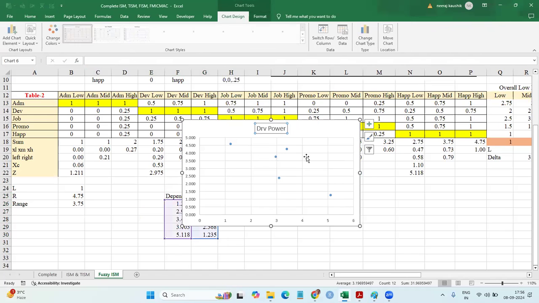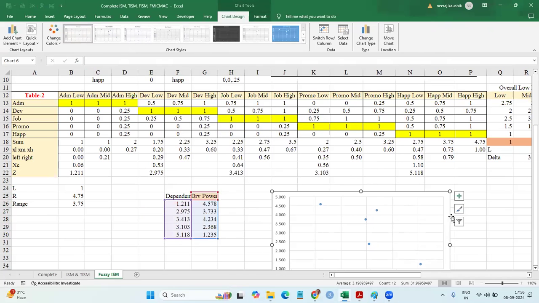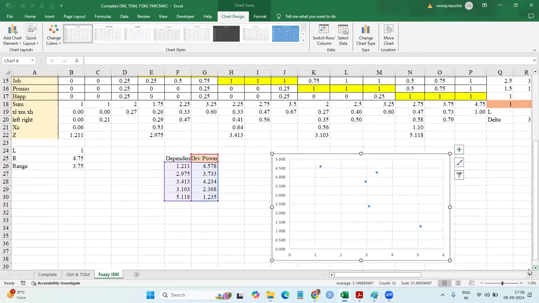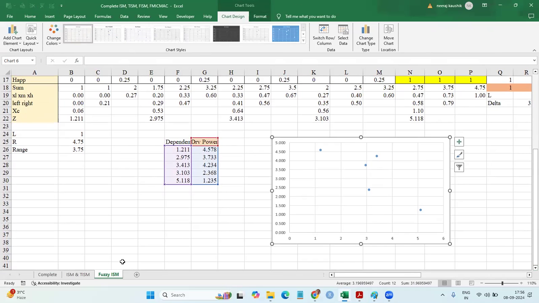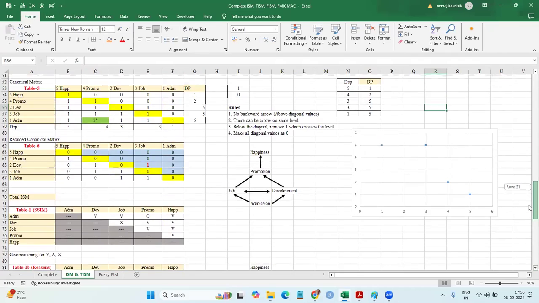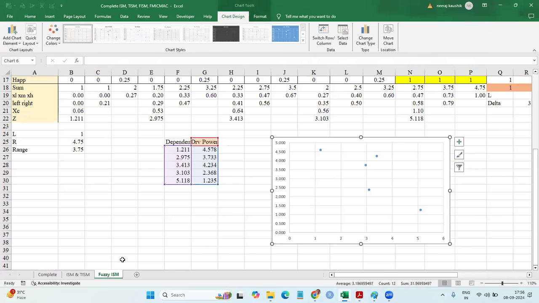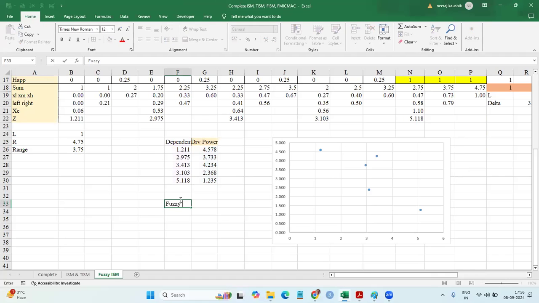This becomes our Fuzzy MICMAC. So its name is Fuzzy MICMAC. If you cross check, earlier our MICMAC values were like 5, 4, 3, 3, 1, and now the values are coming in decimals. That is what the Fuzzy is all about. And this becomes the Fuzzy MICMAC.